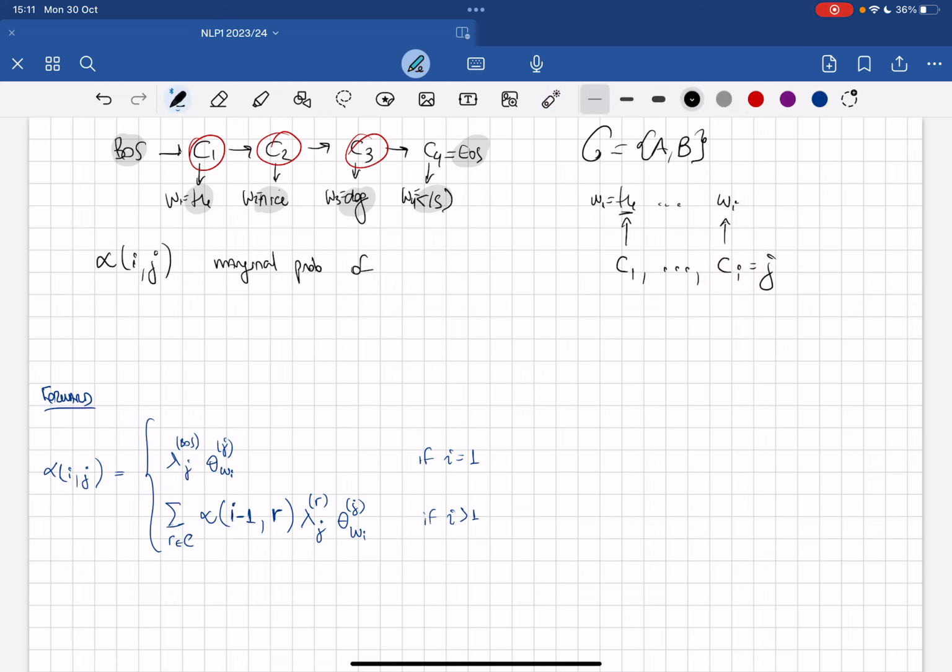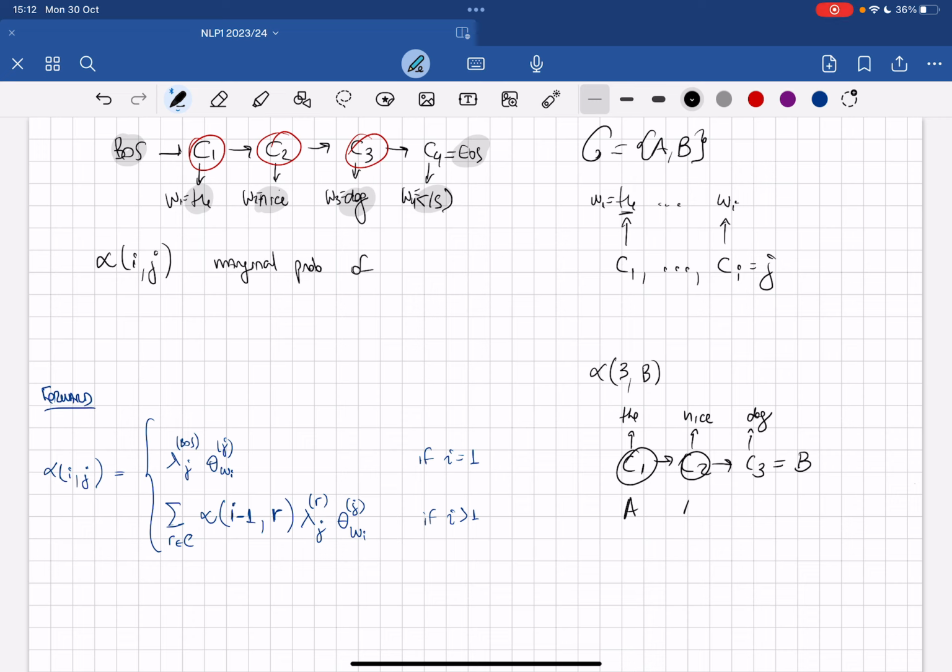So I'll give you an example. Let's say that we're talking about alpha 3b. So then we're talking about C1, C2, C3, with C3 being set to B, C1 having generated "the", C2 having generated "nice", C3 having generated "dog", and we marginalized out C1 and C2. What does that mean?